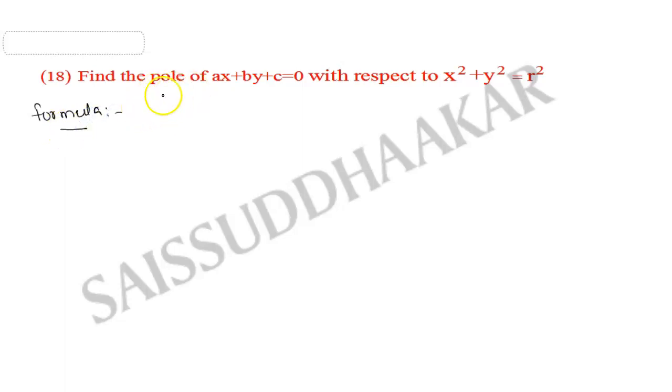Formula here: Lx plus my plus n is equal to 0 be the line, and circle S is equal to x square plus y square plus 2gx plus 2fy plus c is equal to 0, right?